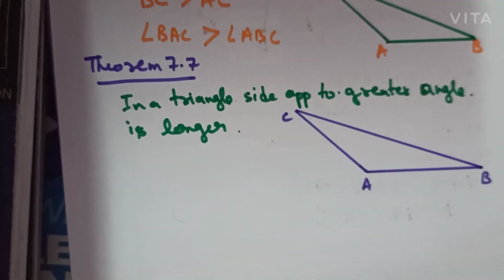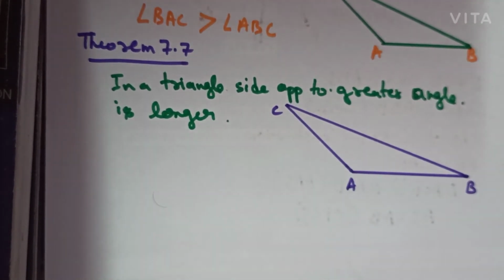Theorem 7.7 says just the converse statement: in a triangle, the side opposite to the greater angle will be longer.